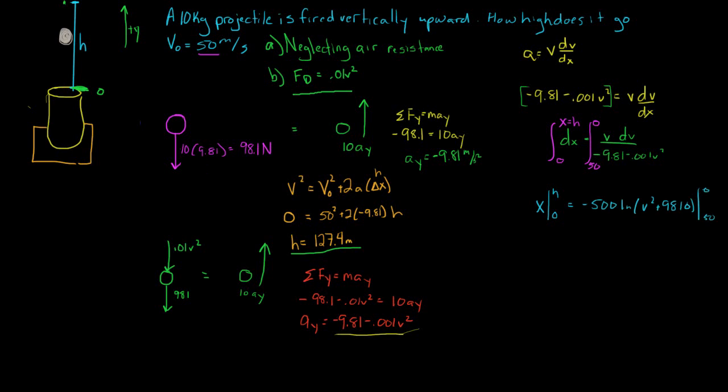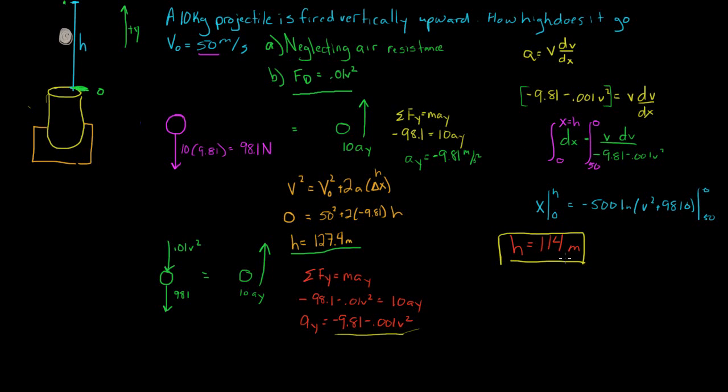And if we plug in these bounds, we have h is equal to 114 meters. And this is the height that the cannonball gets when we account for air resistance with this function right here.